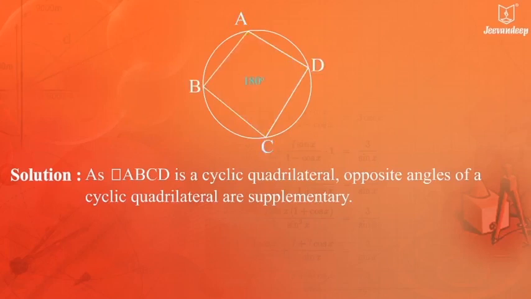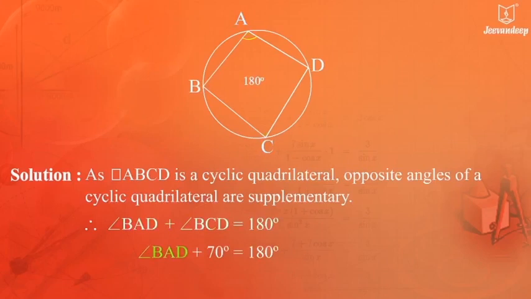Opposite angles of a cyclic quadrilateral are supplementary. Therefore, angle BAD plus angle BCD equals 180 degrees, or angle BAD plus 70 degrees equals 180 degrees. Thus, angle BAD equals 110 degrees.